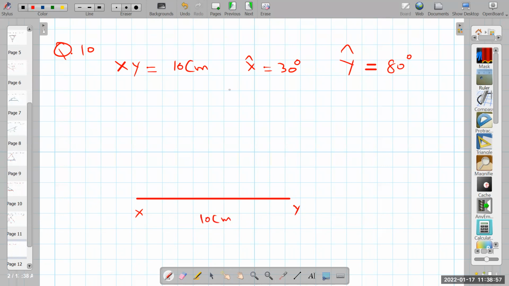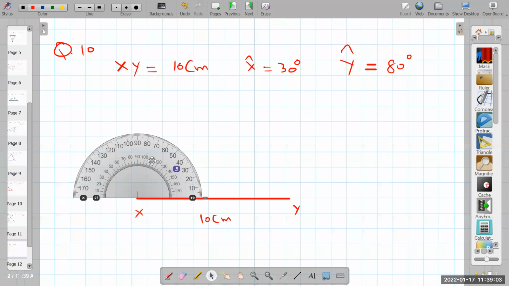Now angle X 30 degree. On the X we will draw angle 30 degree. Angle X 30 degree.